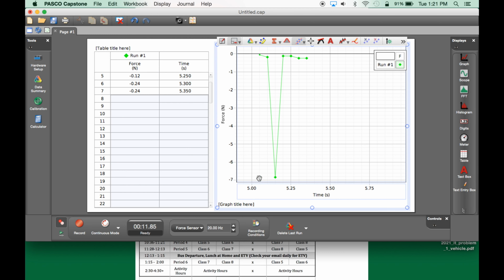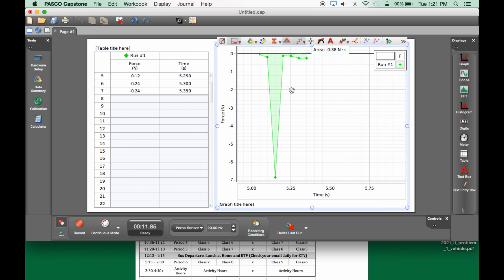And so you can see down here, this is from 5.00 to 5.25, so each of these is worth 0.05 seconds. So it took about 0.05 to 0.1 seconds for this first initial shock to happen, and it went down to about 7 newtons. Now, I can use area under the curve, and the area under the curve is negative 0.38 newton seconds.